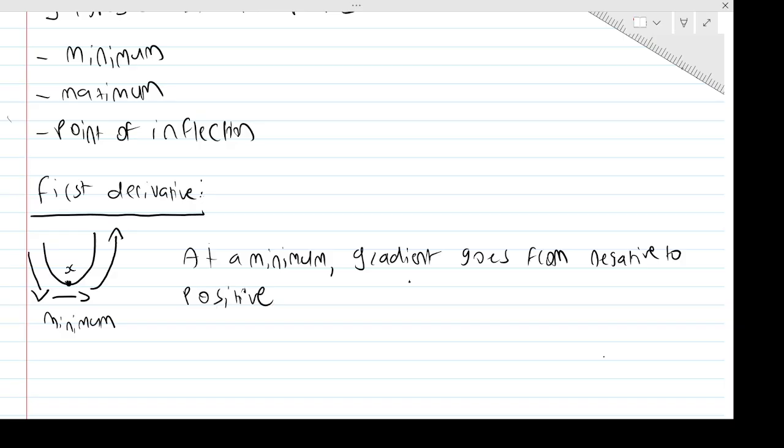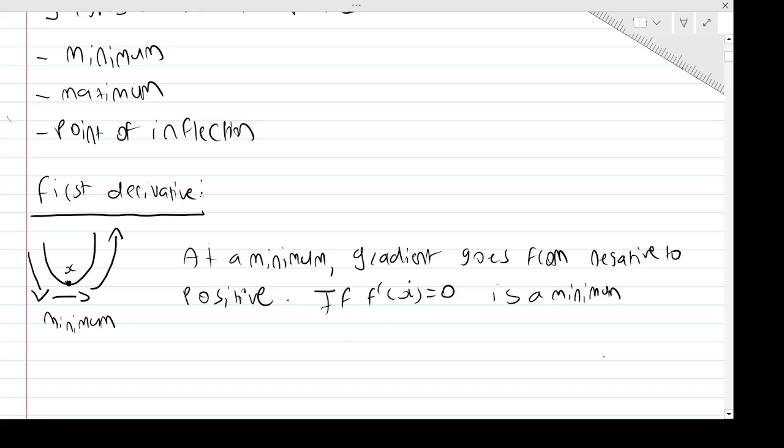So how can we write this more mathematically? If f dash of x is equal to 0, which is a minimum, the derivative has to be 0.